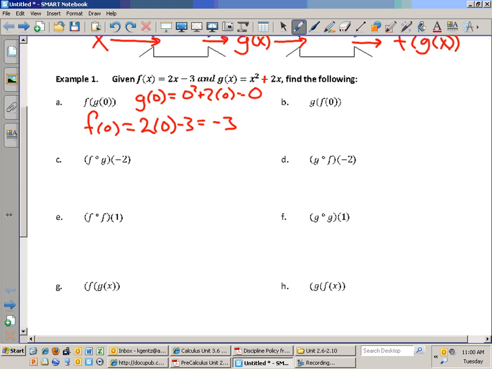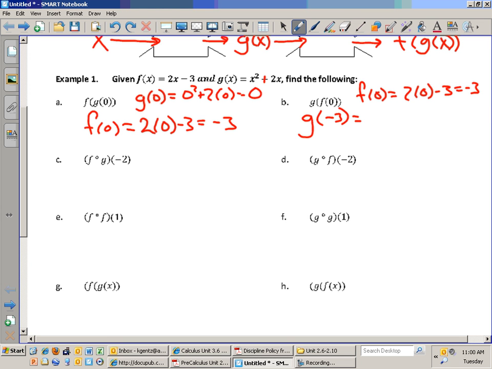Now, it's different if we switch it around. If we try g of f of 0, that's different. What is f of 0? f of 0 is 2 times 0 minus 3, which is negative 3. So I can replace that f of 0 with negative 3. So really I'm trying to evaluate g of negative 3.